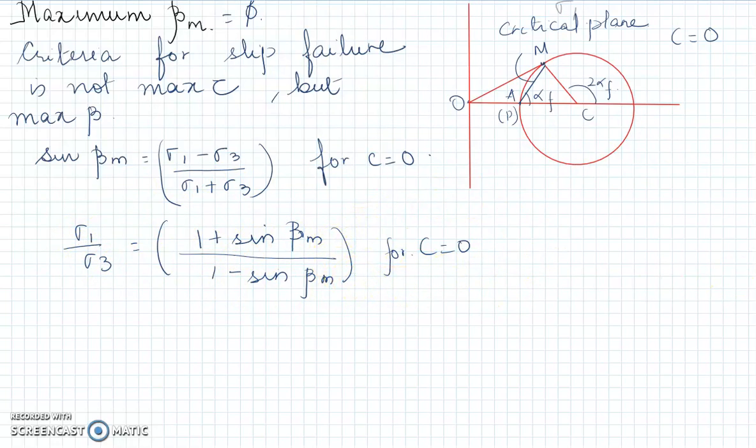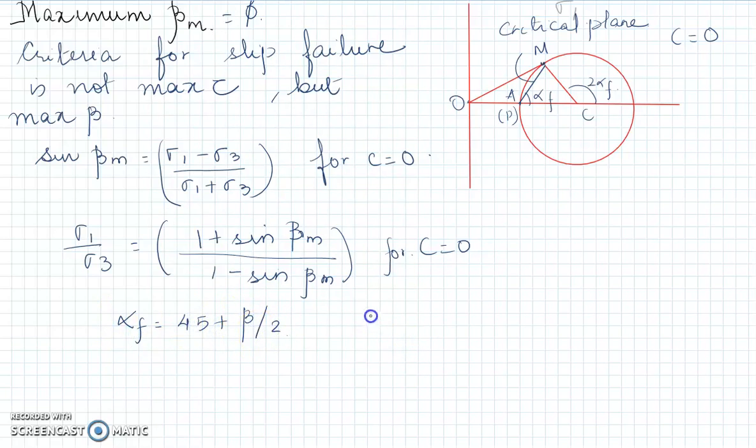Okay. Now the angle at which the critical plane or failure plane meets the major principal plane is alpha f. Again, this can be derived. I don't want to go into the derivation. You are going to refer to the book. From the basic principles of circle geometry, alpha f is 45 plus beta m by 2.